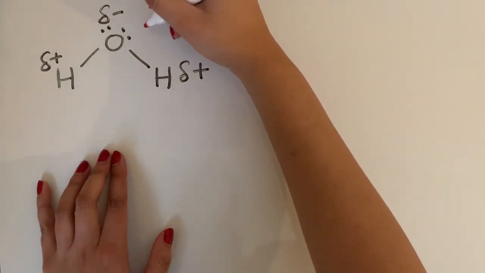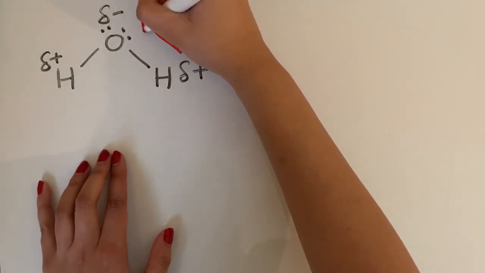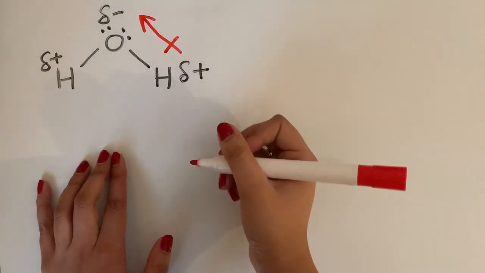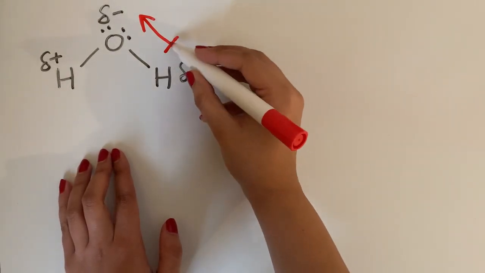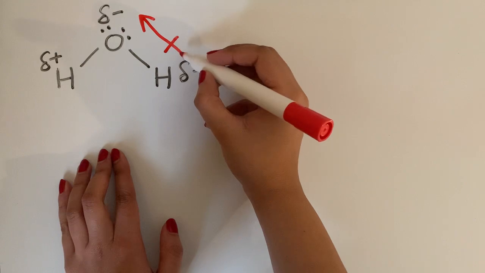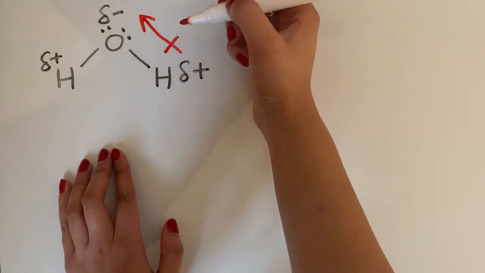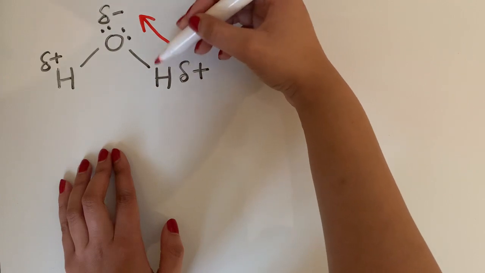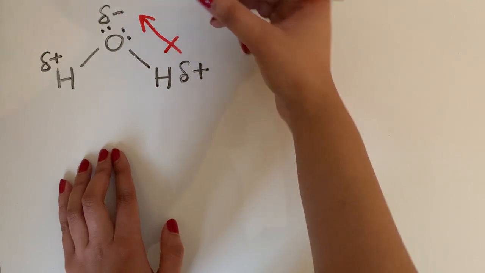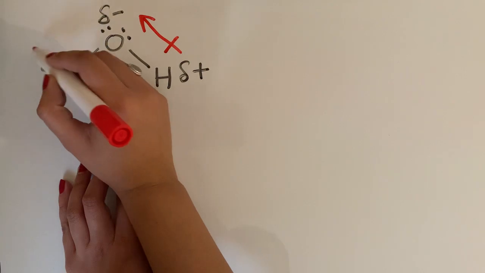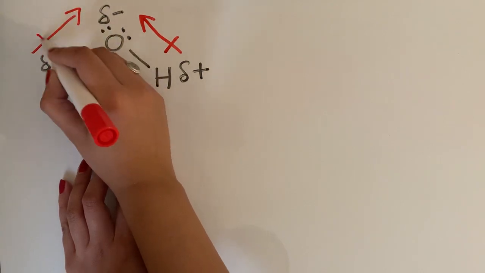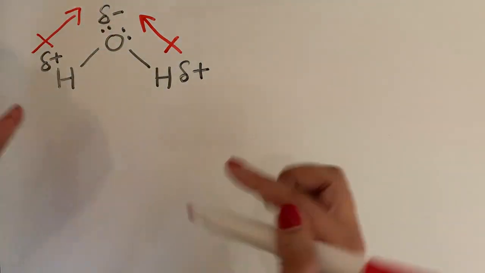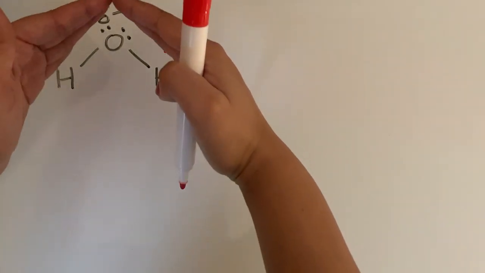I can show a dipole using an arrow with a line like that. The end with the line is the positive end of the dipole, the one with the arrowhead is the negative end of the dipole. So across that bond, the positive region is here and the negative region is there. I can do the same thing on this side. Both of these dipoles, as you can see, are acting upwards.